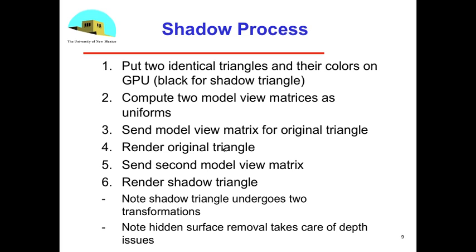We'd use the first one to render the original triangle, the second one to render the shadow triangle, and note here, the shadow triangle undergoes two transformations. It's the transformation which involves the light source location and then the original model view. And hidden surface removal takes care of everything else.